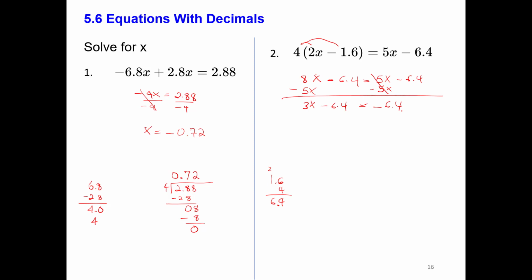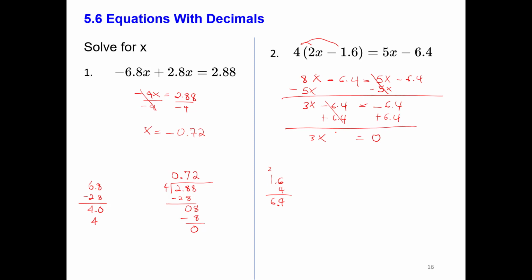To get x by itself, we need to add 6.4 on both sides. Here we have 3x, and negative 6.4 plus 6.4 cancels out to 0.